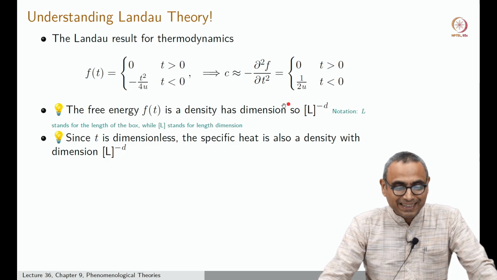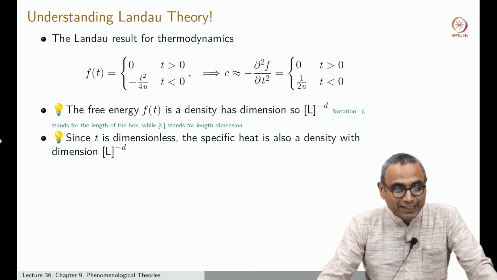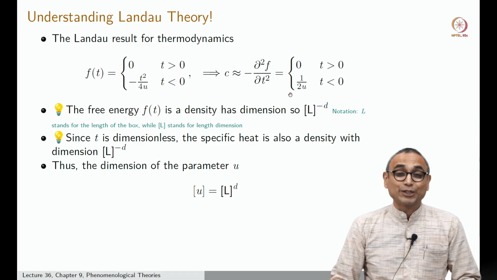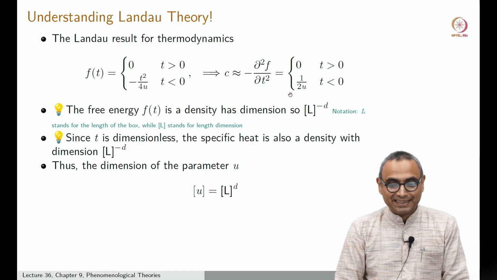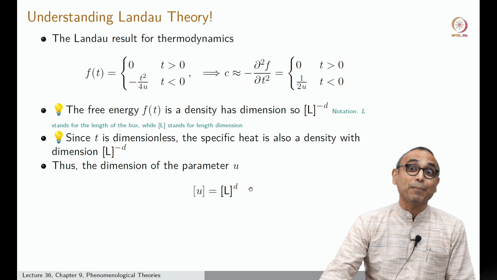Since t is dimensionless by construction, specific heat also has dimensions of L to the minus d, right? Because I am just taking derivatives with respect to dimensionless parameters. So this will tell us that the dimension of u is L to the power d.